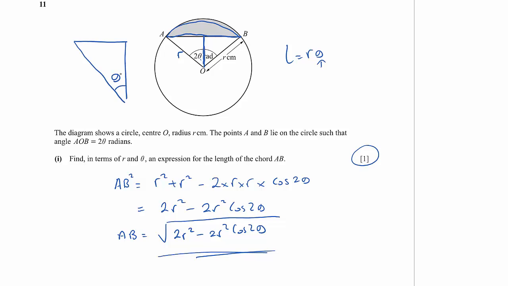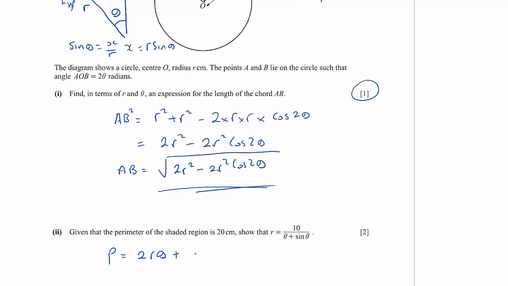So this angle is theta, this is r, and compared to theta this is the opposite and this is the hypotenuse. So if I call that x for a moment, I can say sine theta is equal to x over r. So x equals r sine theta, and therefore AB would be 2 of those. And we can get from there to there.